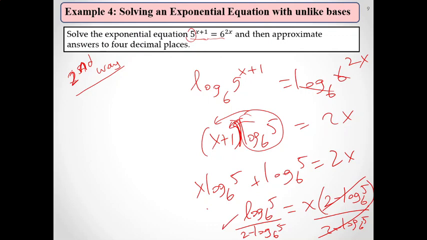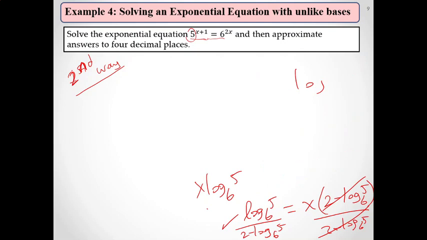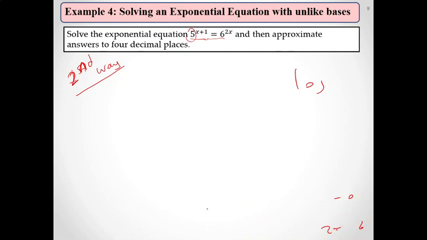Now we have this answer. Is this answer the same as the previous one? Yes, not the same in appearance, but mathematically it's exactly the same. You can use a calculator to see it. They are exactly the same.